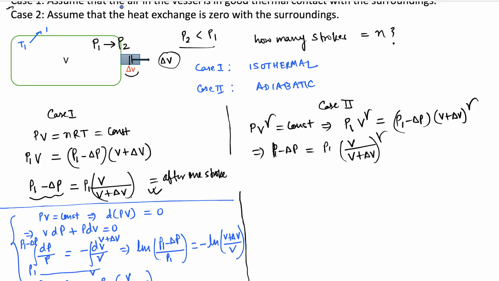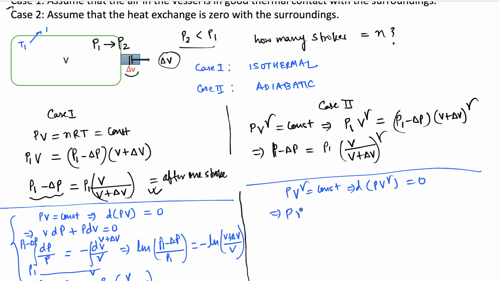And by the way, you can still use the same concept which I covered earlier. PV^gamma is constant, which means d(PV^gamma) is 0, which means P gamma V^(gamma-1) dV + V^gamma dP = 0.